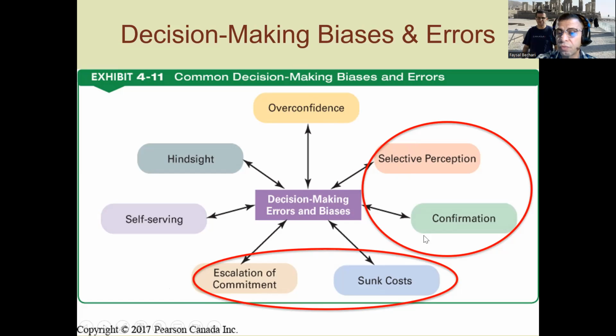Then confirmation. There is some kind of pressure, peer pressure or superior pressure, to select a certain solution. And then you have what you call sunk cost, and lots of companies fall into sunk cost. You make an initial investment, and then it's very difficult for you to back out of that investment. So you keep adding more IT solutions or whatever, because you already had an initial heavy investment there.